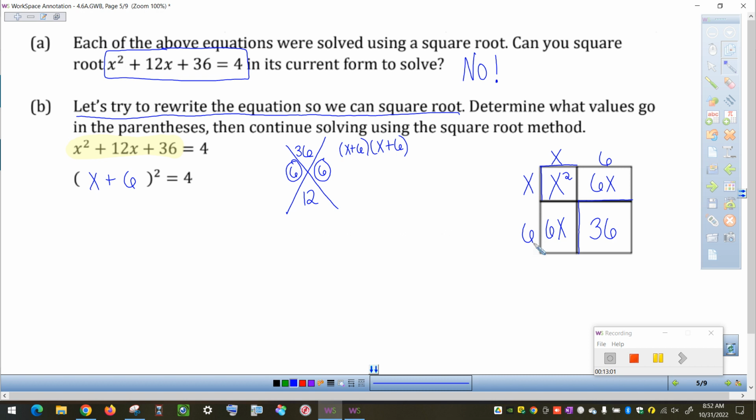The 6x's are both positive because we don't have a negative sign in front, so we can put a plus sign in front of the 6 on either side. And so now looking at the way that we filled in the edges, that's x plus 6 times x plus 6. So that would be another way of getting to the same factored form. But also, because it's a square, it's just being multiplied by itself, so it's really x plus 6 squared.